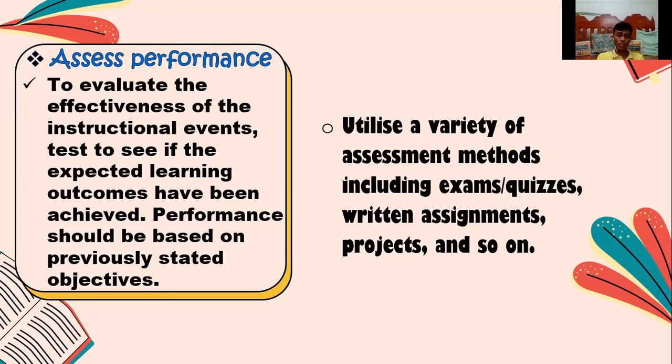We should also embed formative assessment opportunities throughout instruction using oral questioning, short active learning activities, or quizzes. Implement a variety of assessment methods to provide students with multiple opportunities to demonstrate proficiency, and craft objective, effective rubrics to assess written assignments, projects, or presentations. So that is under assess performance.